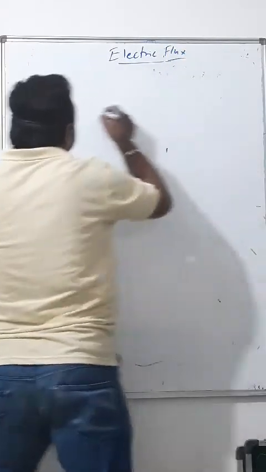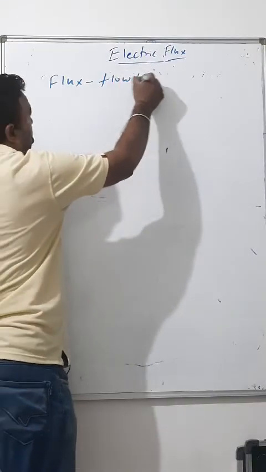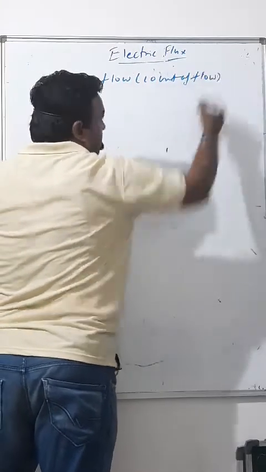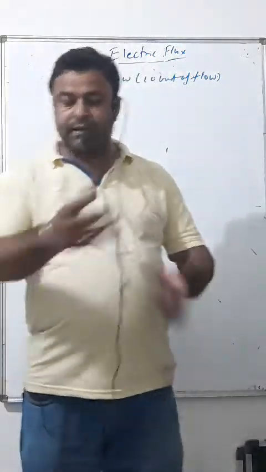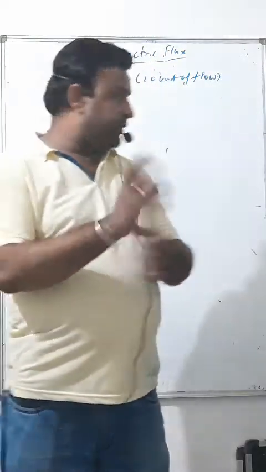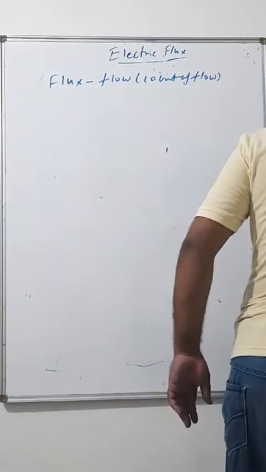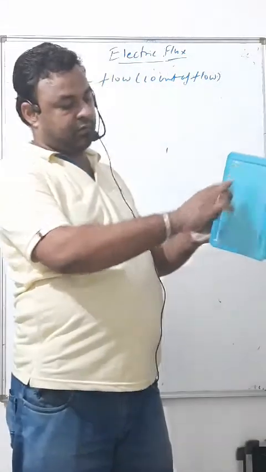Let me tell you the meaning of flux. It comes from flow. Actually, I should call it count of flow. Look, if I have something like this ring, or I should take anything else, suppose this container, right? Suppose this is hollow from inside.